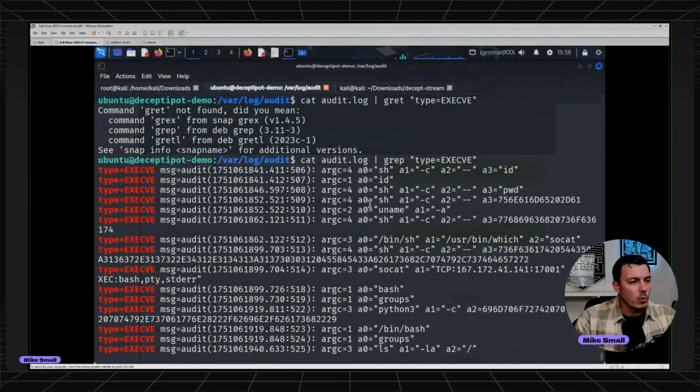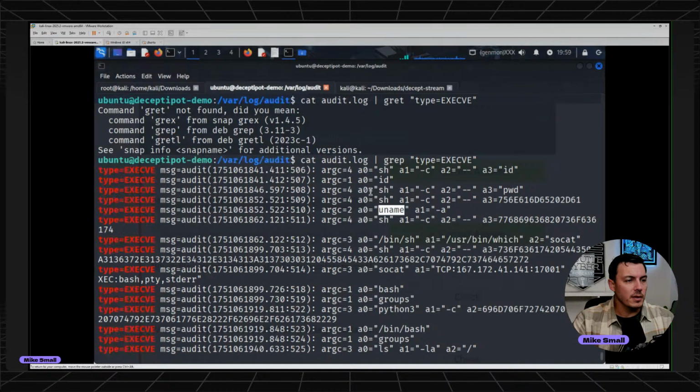Sorry, a little bit of a wild ride, but this is them actually executing stuff in the command line, which is important, right? We're talking about how do they get persistence. So in order to navigate on an operating system, they're probably running a bunch of commands maneuvering around. So we see id, we see print working directory, we see uname. These are all pretty classic signatures of an attack.